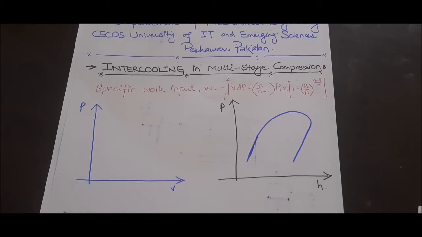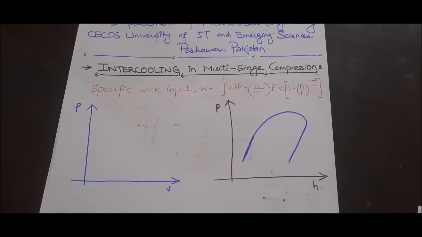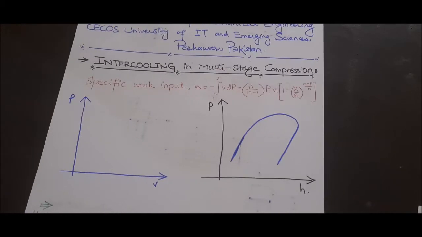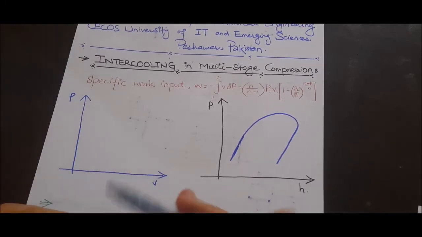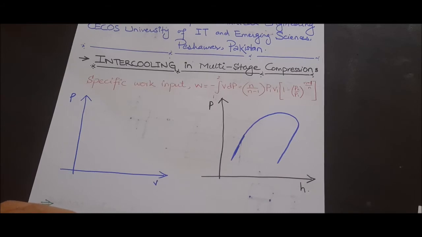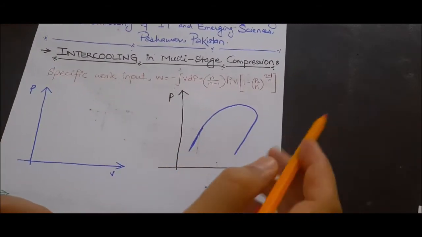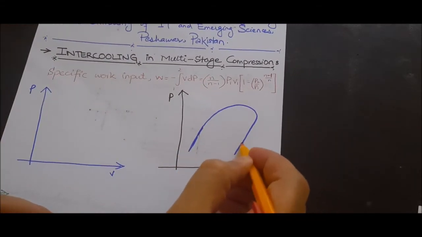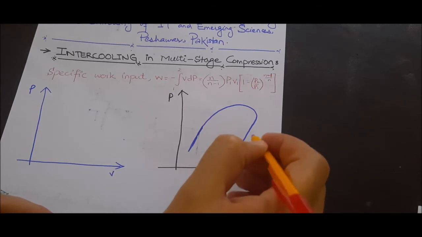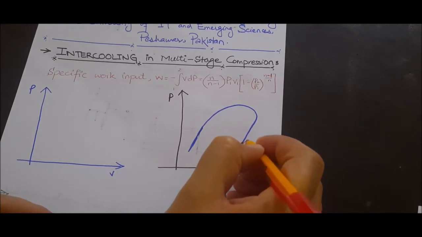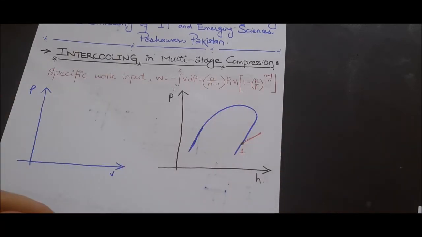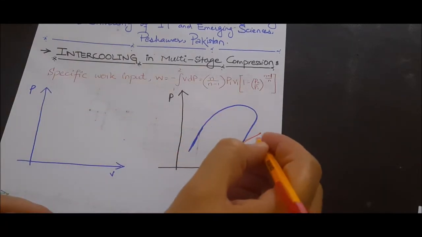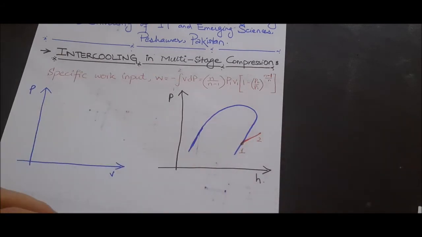Now since you are familiar with the pH diagram, we know that the work done is from 1 to 2, for example. So this is the work input.